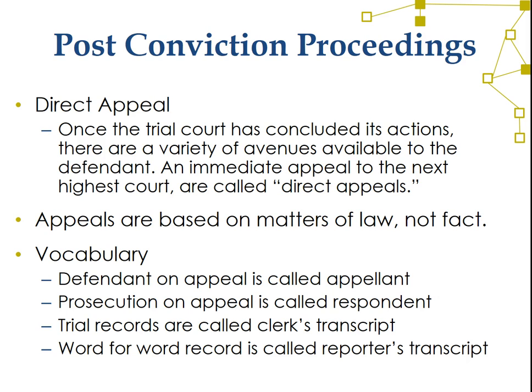And once a trial court has concluded its actions, there are a variety of avenues available to a defendant. And an immediate appeal to the next higher court is called a direct appeal. And this direct appeal is the best known and most frequently used.